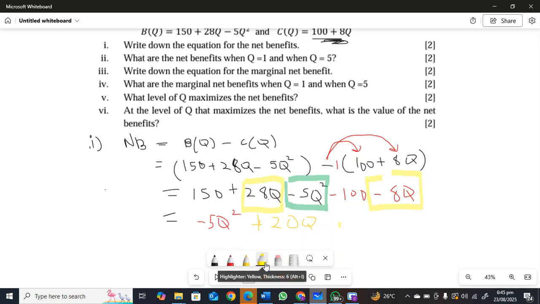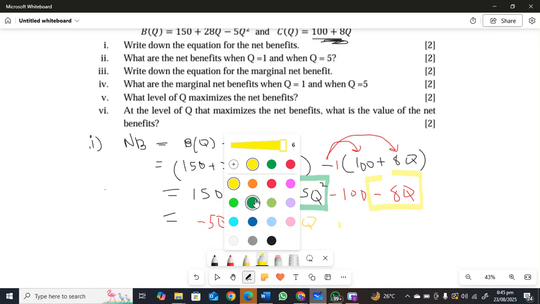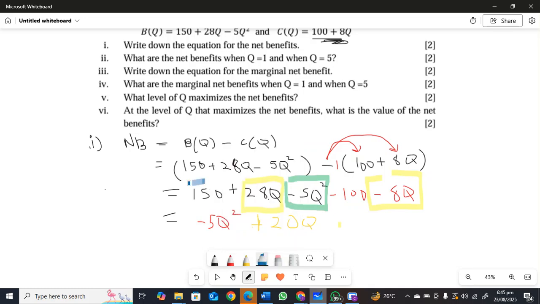Then 150 minus 100, we get 50, so plus 50. Colleagues, did we get this?